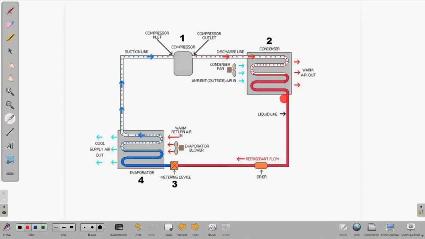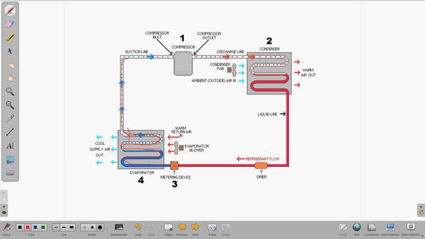So what happens if we're overcharged? The opposite things begin to happen. We have too much refrigerant in the circuit, and instead of being boiled off as it gets towards the end of the evaporator coil, it's still in a liquid state at this point. And it may still be in a liquid state all the way back to the suction line or very close to the suction line where it enters the condensing unit.